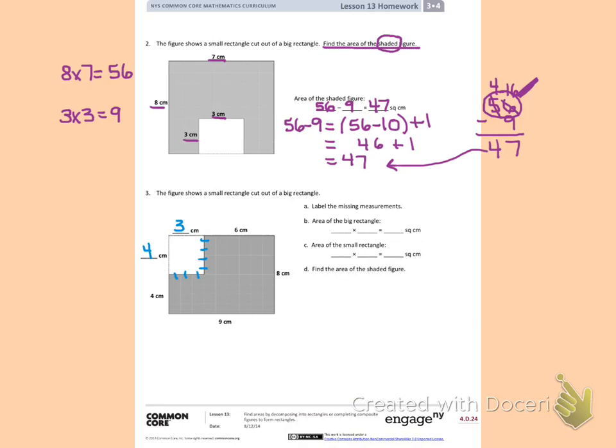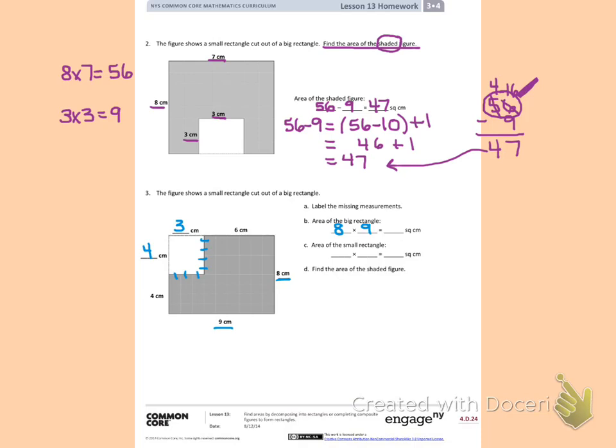Now the area of the big rectangle. What is the area of the big rectangle and how will I figure that out? The big rectangle has 8 on one side, so I'll put an 8 here. And it has 9 on the other side, so I'll put a 9 here.